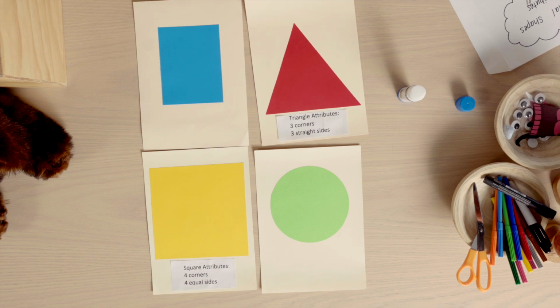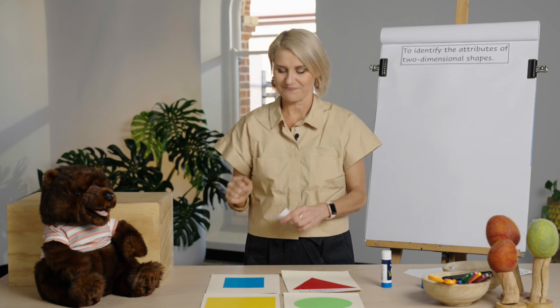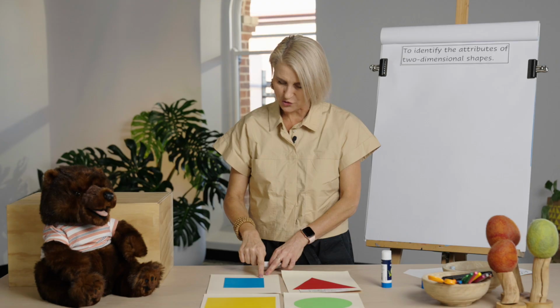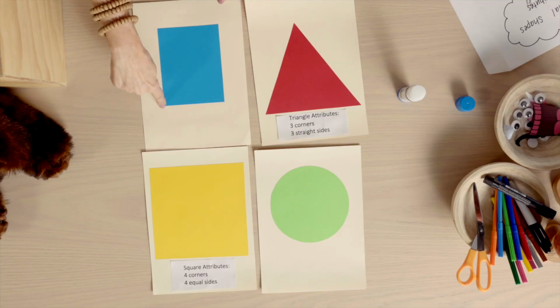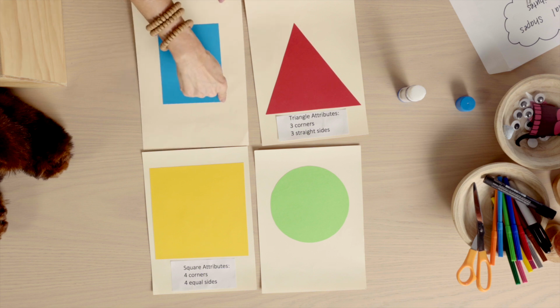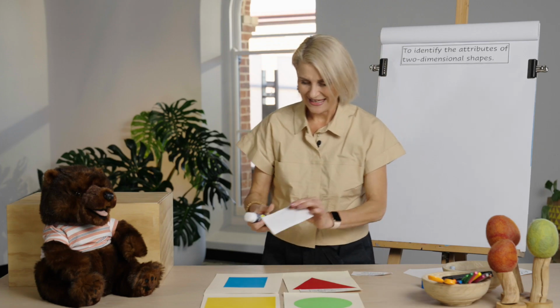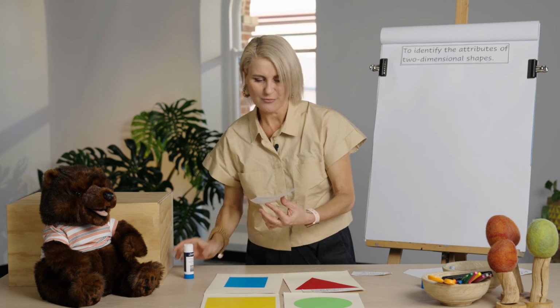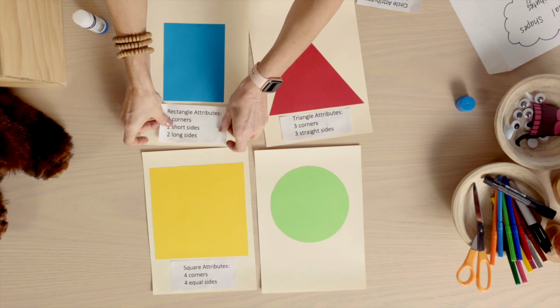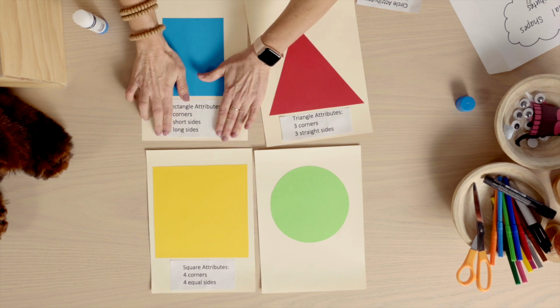All right, we need 2 long sides and 2 shorter sides. 1 short side, 2 short sides, 1 long side, 2 long sides. This is a rectangle. We can stick this label under this rectangle shape here with all the attributes and features that make a rectangle a rectangle.